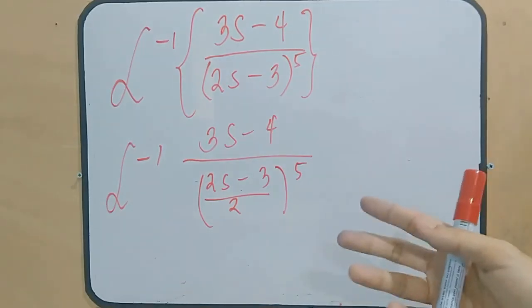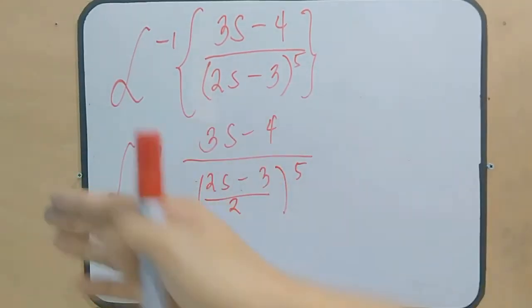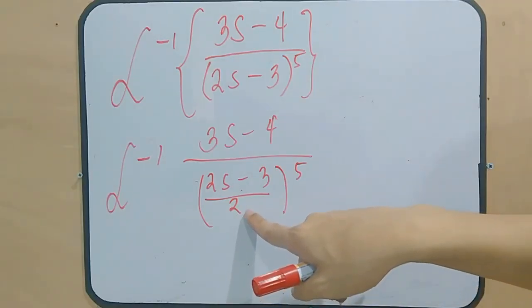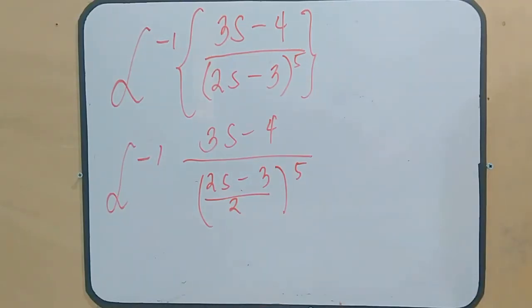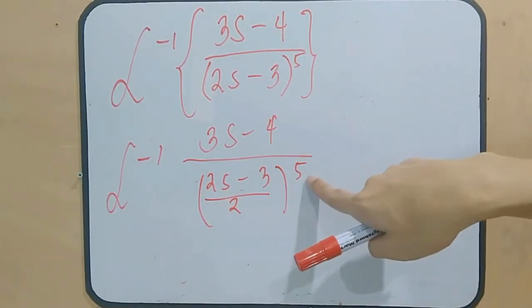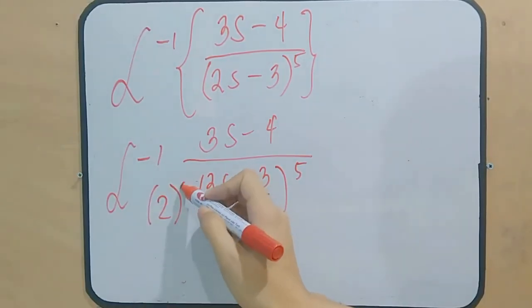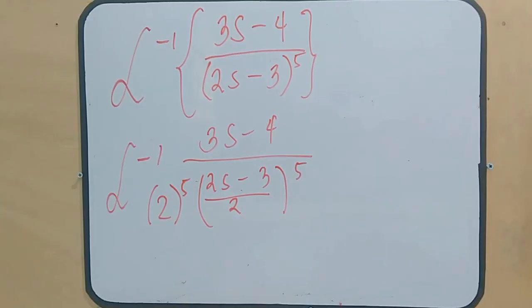Whatever you add, you must cancel out on the other side. What we added is 2 raised to 5, so we need to balance it on the other side. Therefore, we also put times 2 raised to 5 here. So, it is balanced.